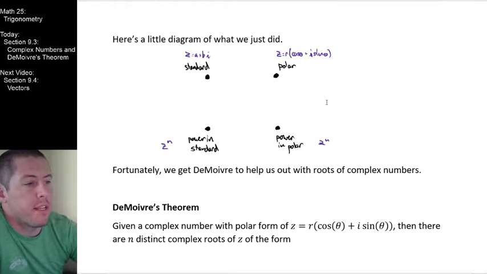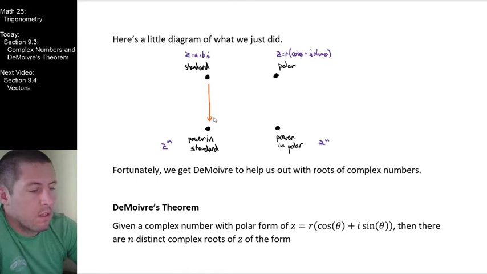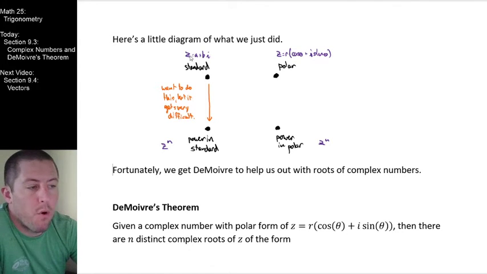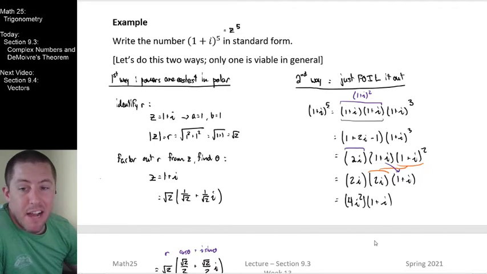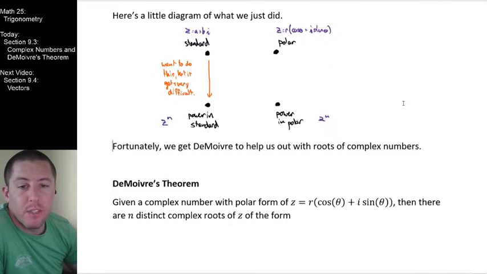We wanted to go directly from a standard form imaginary number to a power of a standard form. Again, imagine doing the 50th power of this, and imagine it being not such a nice complex number. It's going to get really, really difficult.